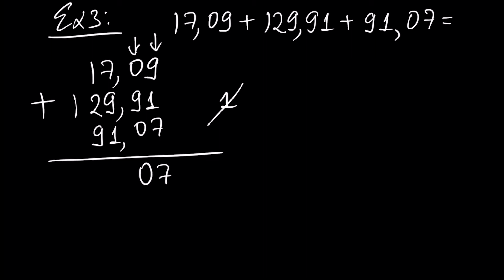We write 0 and remember 1 again. 7 plus 9 plus 1 is 17. 17 plus this 1 is 18. We write 8 and remember 1 again. Here, 1 plus 2 plus 9 is 12. 12 plus this 1 is 13. We write just 3 and remember 1 again.